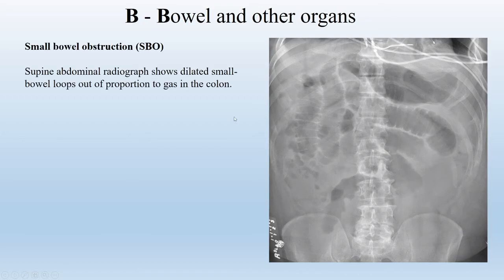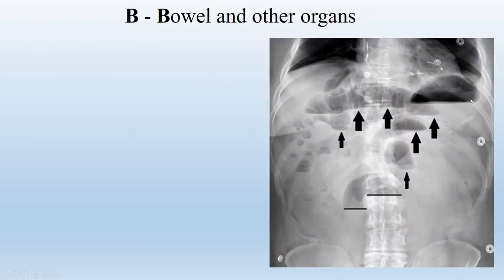And the answer? So this radiograph shows dilated small bowel loops. You can see them, and this is a sign of small bowel obstruction. Again, this is the same patient from the previous slide, but this is the erect abdominal X-ray.